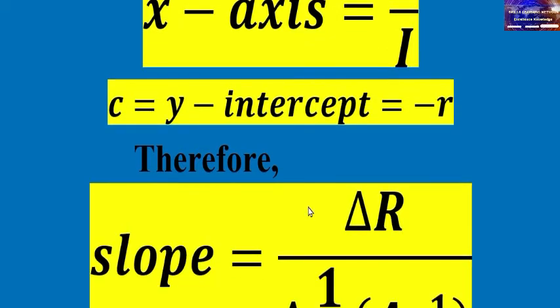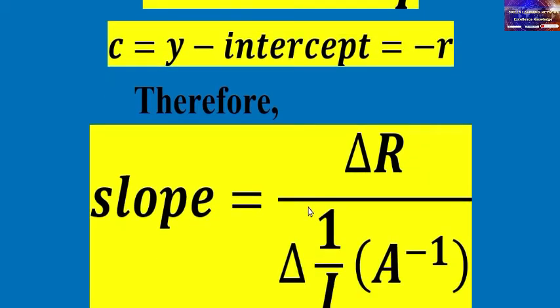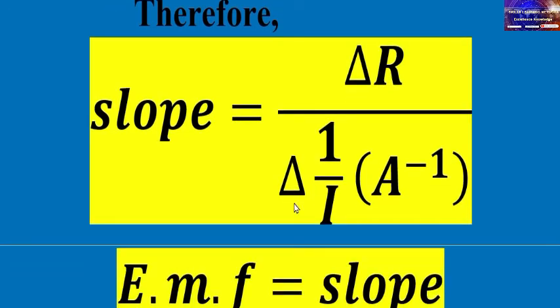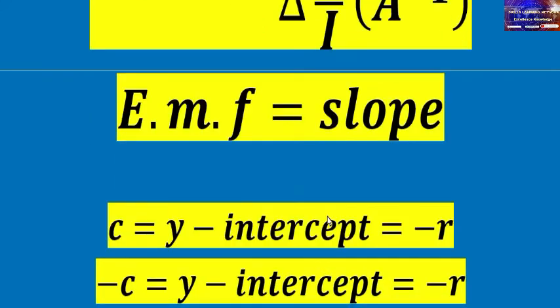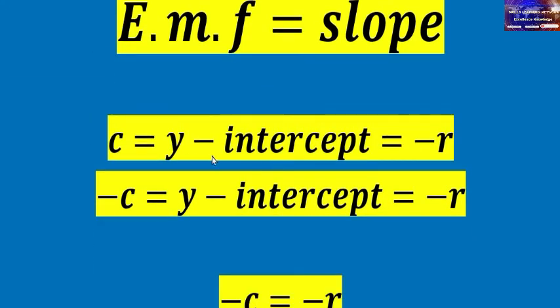Therefore, how to calculate E.M.F? We have said that is the slope. So the slope is equal to change in R divided by change in reciprocal of current. So when you get the value of the slope, that is the value of E.M.F, and the SI unit is the volt, or potential difference. And the y-intercept is equal to negative r, where r is the internal resistance.